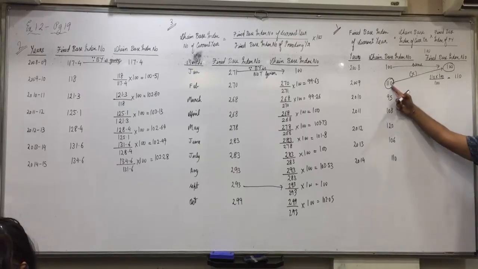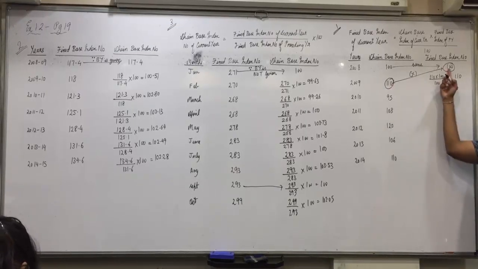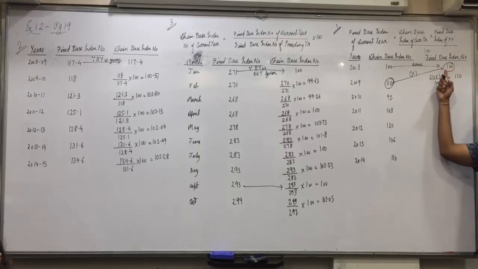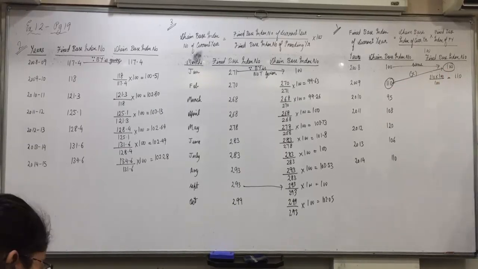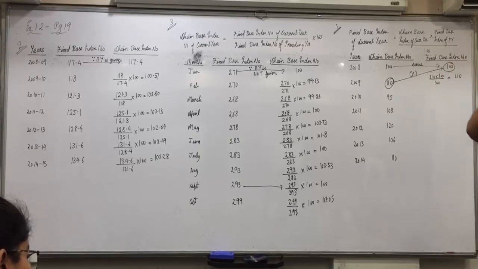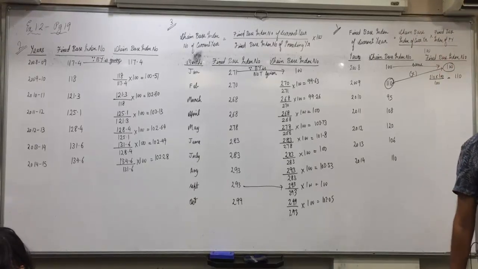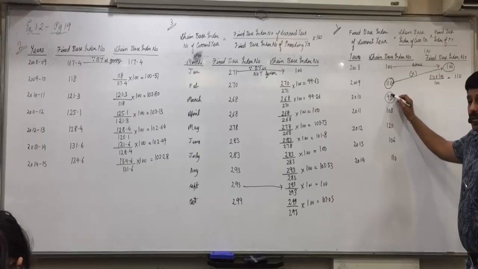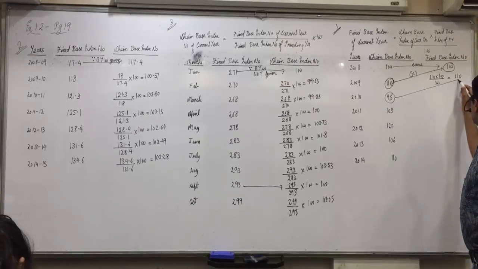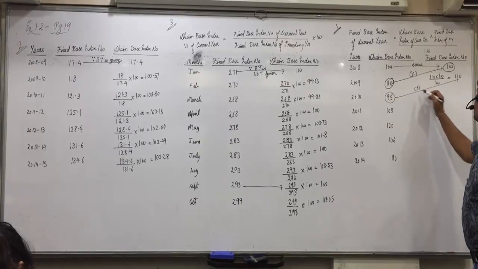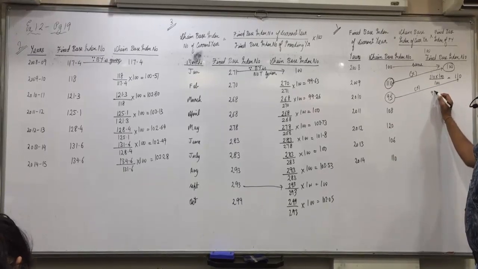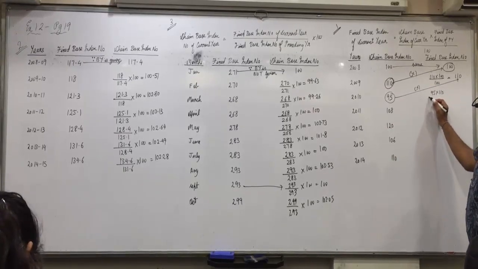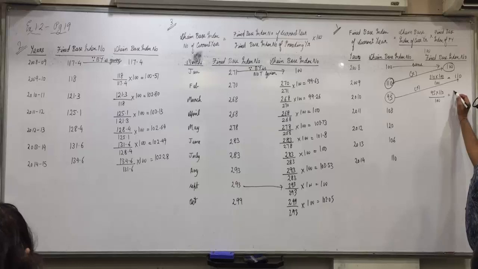Chain base index number of current year multiplied by fixed base index number of preceding year divided by 100. You remember, cross multiply and divide by 100. Again, chain base index number of current year 95 into fixed base index number of preceding year 110 divided by 100, 104.5.